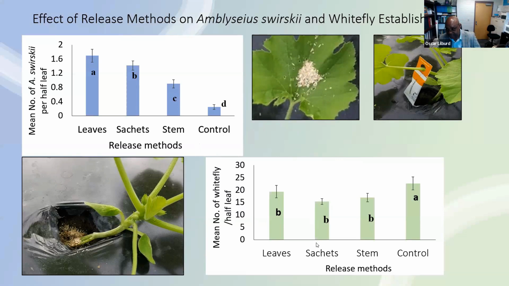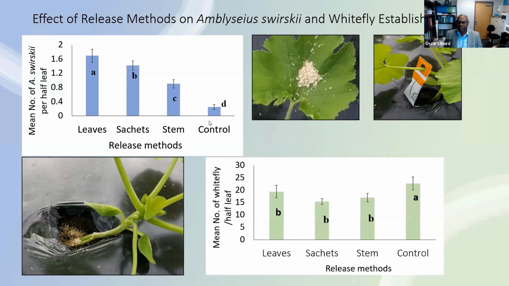In terms of the number, this is the bottom figure on the right, it did not make a difference in terms of the number of whiteflies it was able to reduce. However, in terms of recovery, you saw that we found more Amblyseius swirskii, or more predatory mites, on the leaves compared to the sachets, stem, and the control.